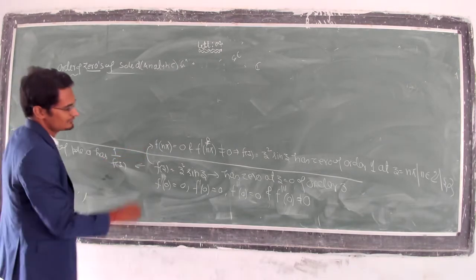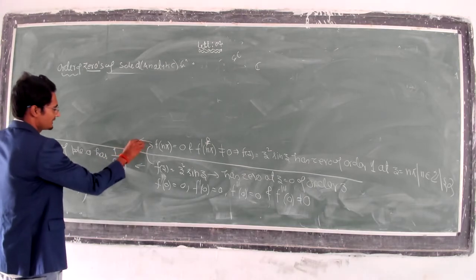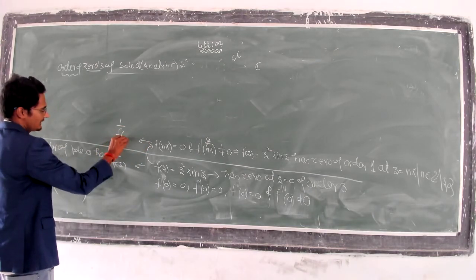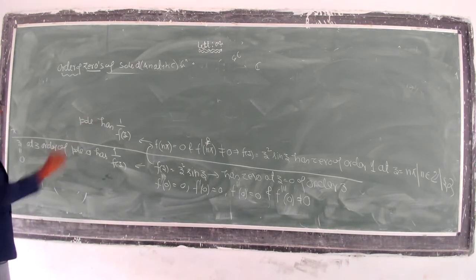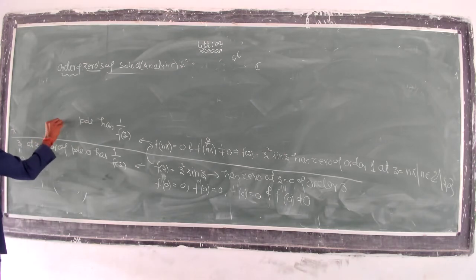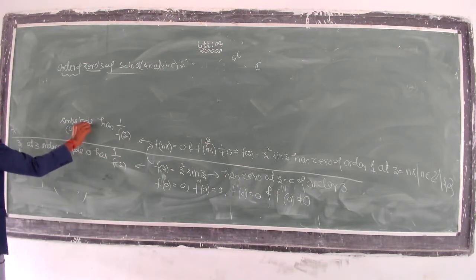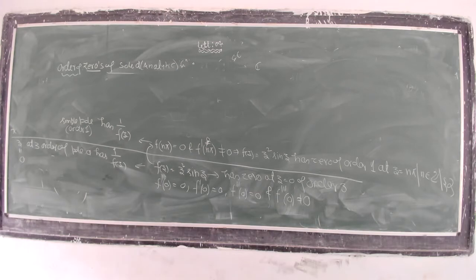So, also, this implies that 1 over f has a pole, or simple pole. Simple pole means order 1. Okay, simple pole at n pi, n belongs to integers minus 0.